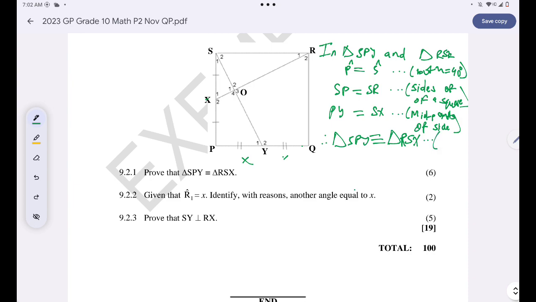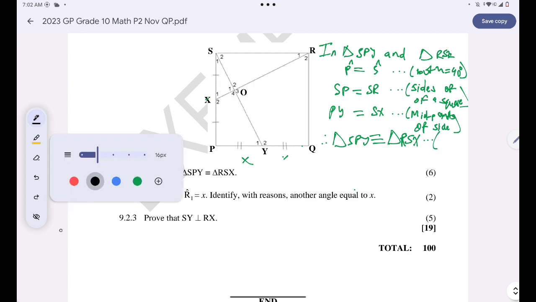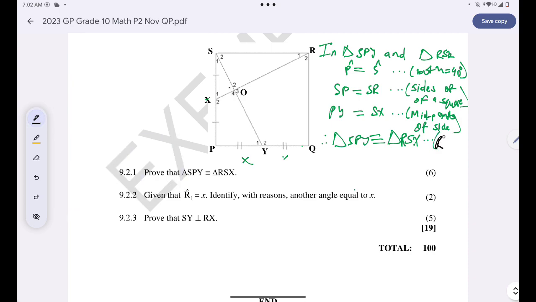The reason is RHS. I have a right angle, I have the hypotenuse, and one of the sides. That's how I show that the triangles are congruent.